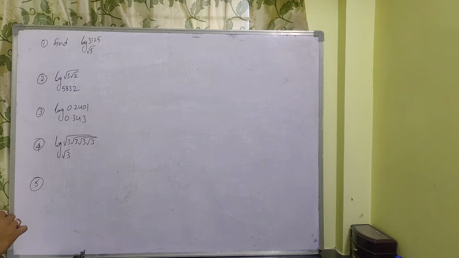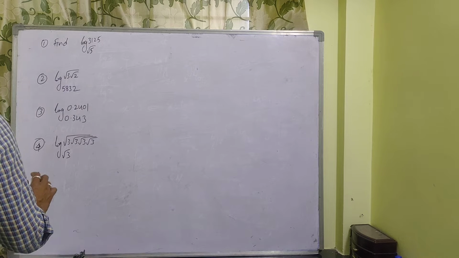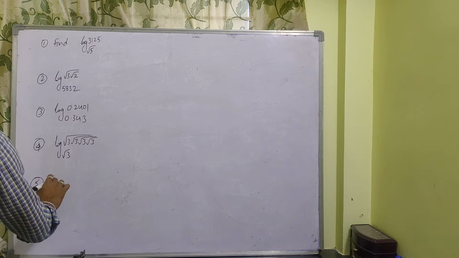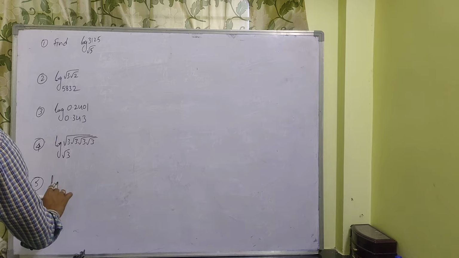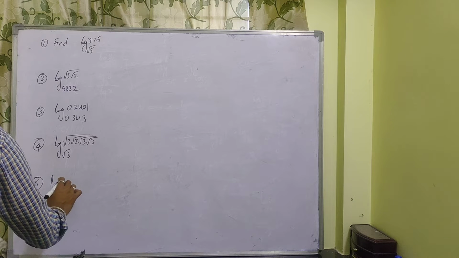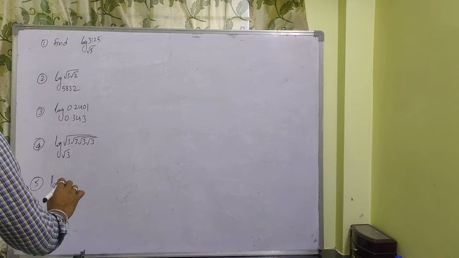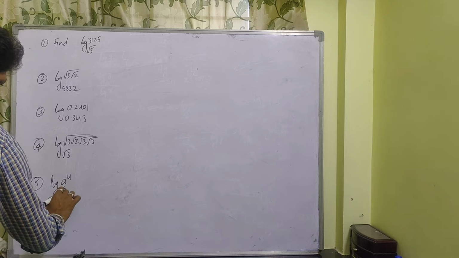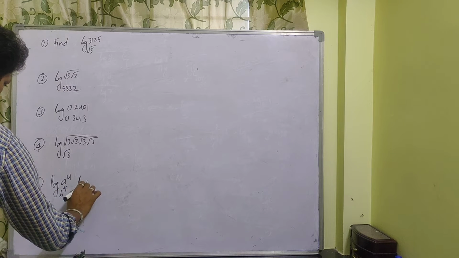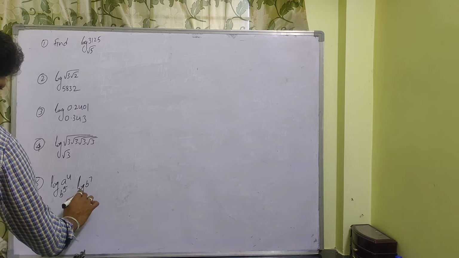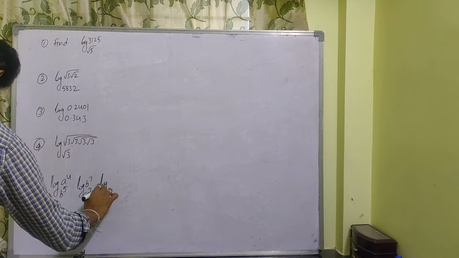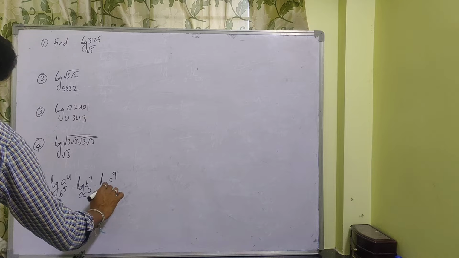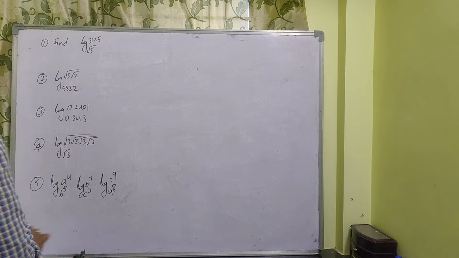Next question, log of a power 4 base b power 5 into log b power 7 base c cube into log c power 9 base a power h. If you take these 5 questions, how to do, once you see here.